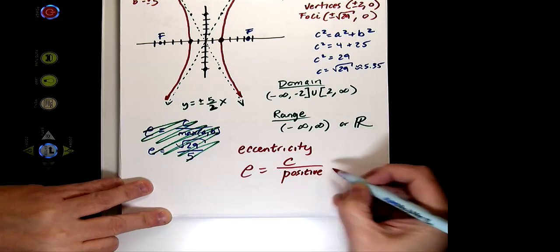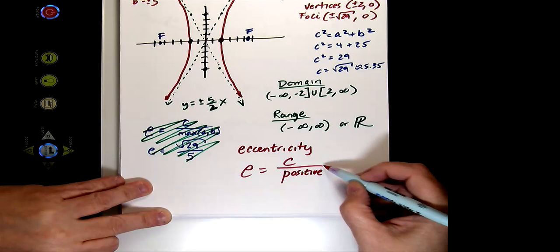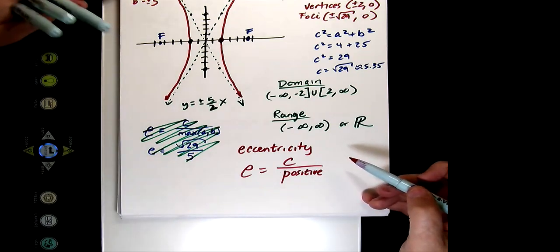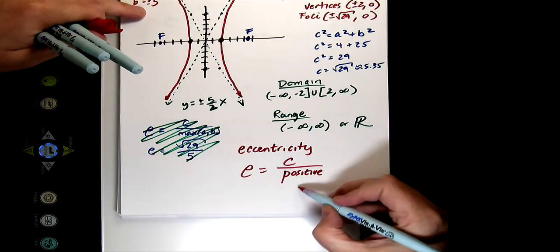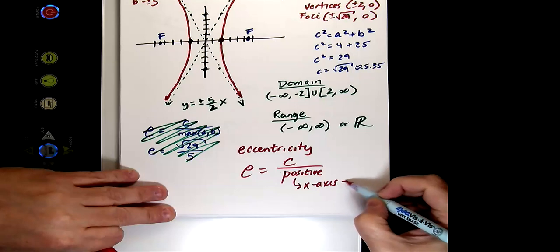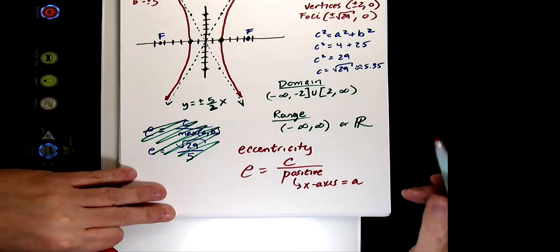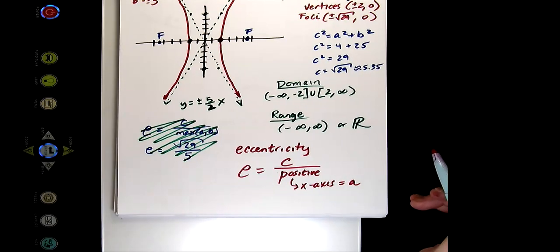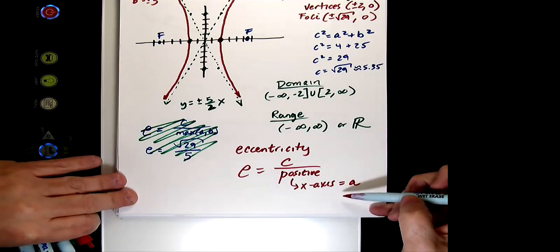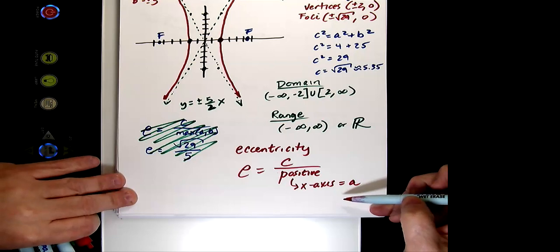I mean, a squared and b squared are both positive, but in this case it's over the x-axis on this one, which is gonna be a. If this is the same, but for an ellipse it's the max one, so there is a difference, I guess. No, I guess not.